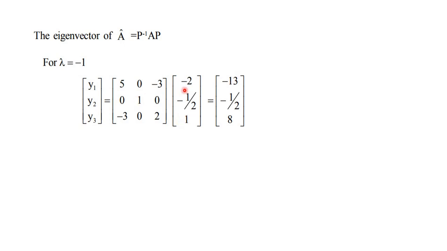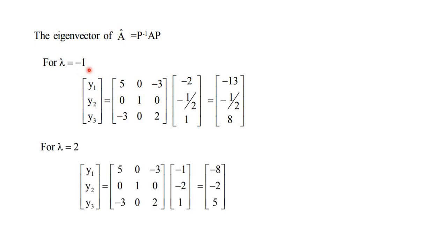Then P inverse into x1, where x1 is -2, -1/2, 1. Then you multiply these matrices. 5 into -2 is -10, minus 3 is -13; 0 into -2 is 0, 1 into -1/2 is -1/2; -3 into -2 is 6, 6 plus 2 is 8. This is the eigenvector of A cap for lambda equal to -1.